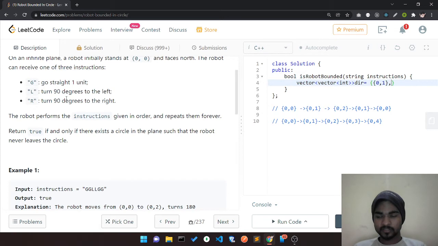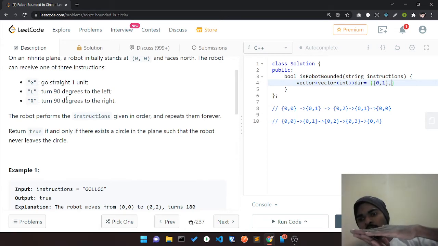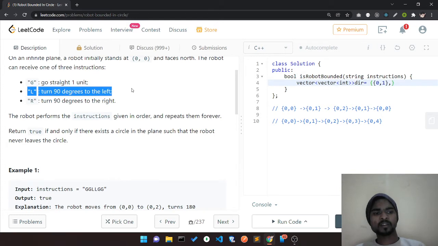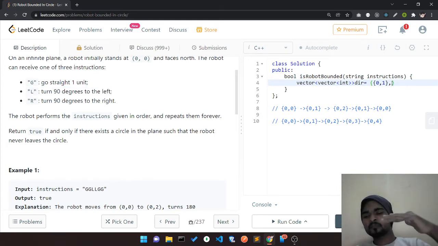After the north I'll mention the left, because from north, left is rotating anti-clockwise. If you want, you can rotate clockwise too, but I'm preferring left. I'll handle the case for left, and right is the inverse of that.